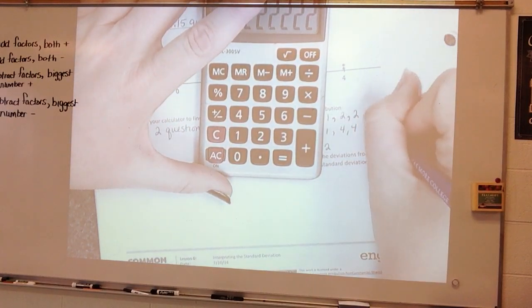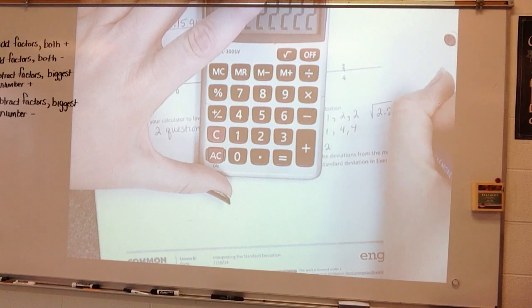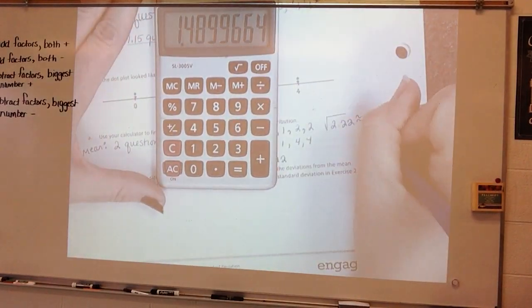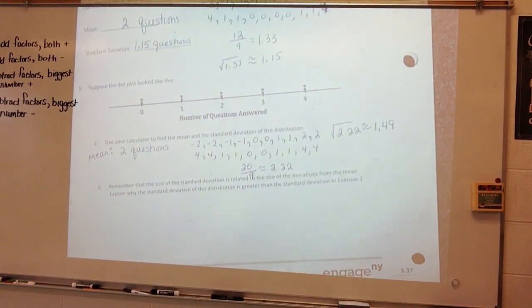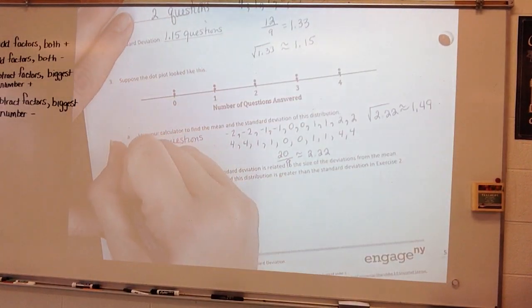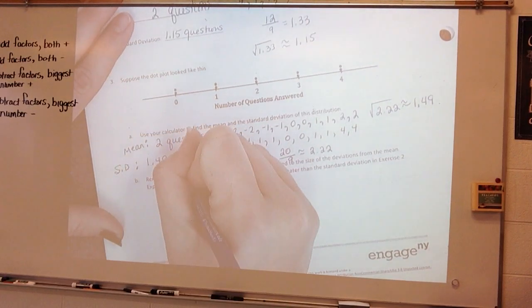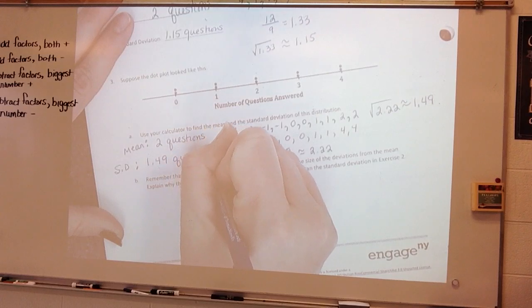And so the square root of 2.22 is approximately 1.49. So the standard deviation is 1.49 questions.